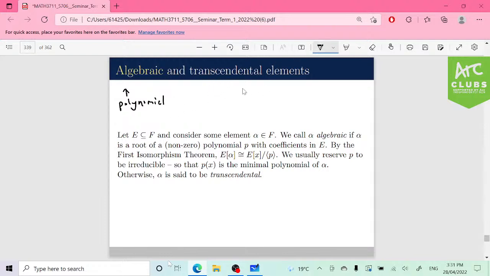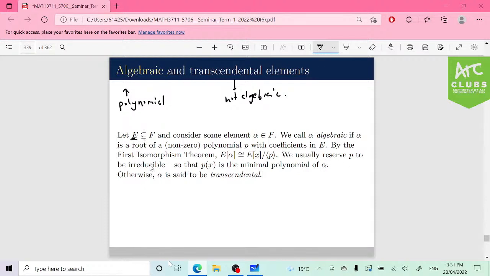Transcendental means not algebraic. So let F be an extension field of E, and we want to consider some element alpha inside your field. So we call alpha algebraic if alpha is a root of a non-zero polynomial with coefficients inside E.